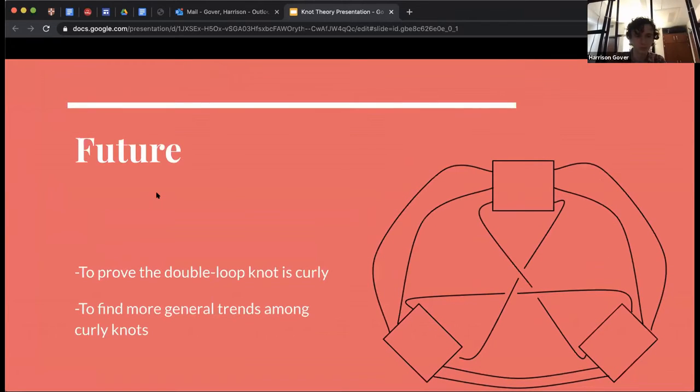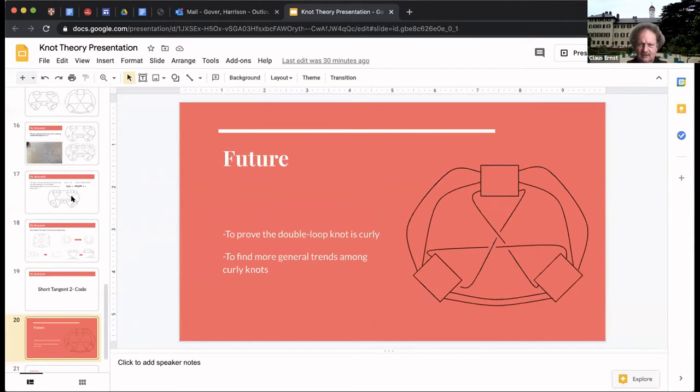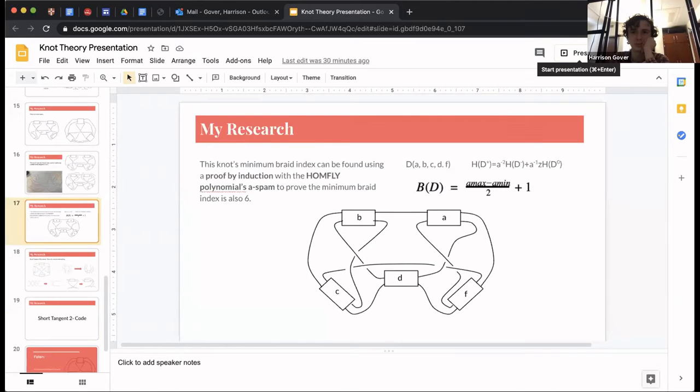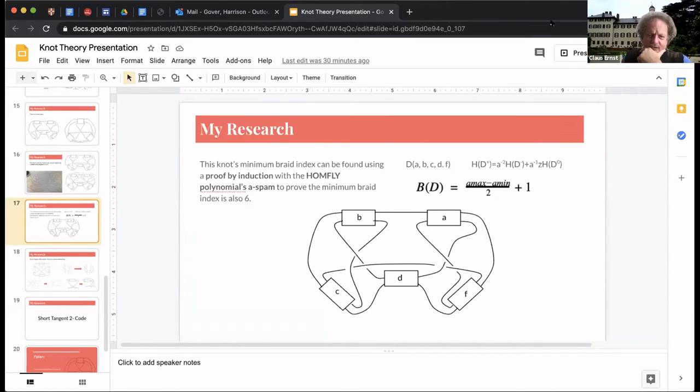For example, the one where you talked about the HOMFLY polynomial calculation. This one, your slide 17. We're trying to click on it, it's not exactly responding. The sound is bad. Yeah, tell us why this is curly.